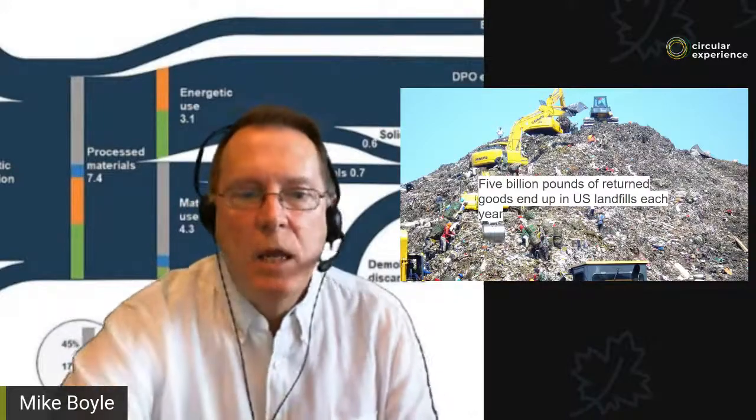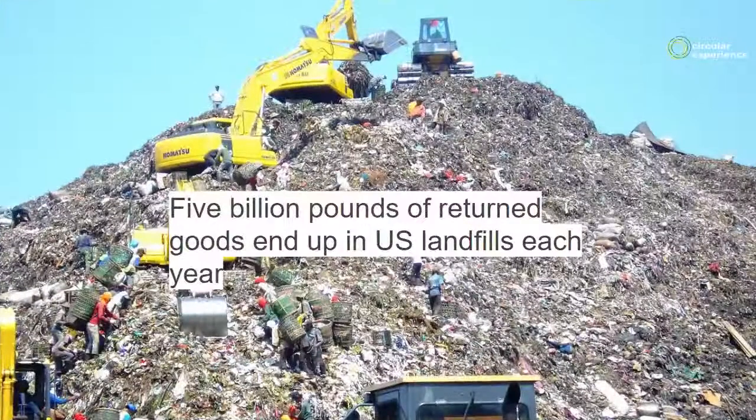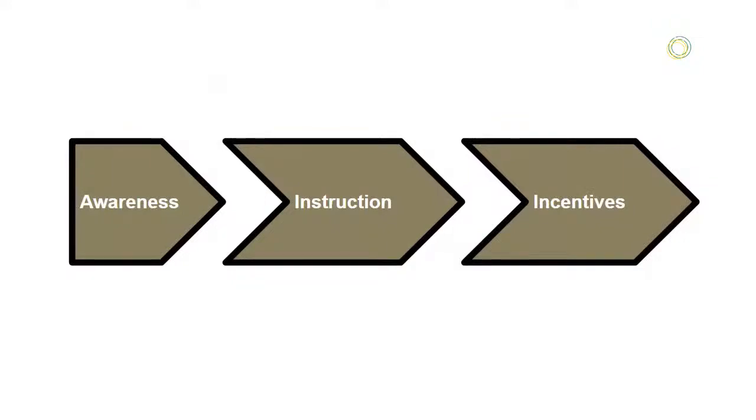This is all tied to e-commerce. 5 billion pounds of returned goods end up in US landfills each year. 5 billion pounds. Now, that is a lot. The question is, is this really sustainable? I think it's quite clear that we need to come up with better ways to solve this one. This is something I'll be talking about in more detail later on.